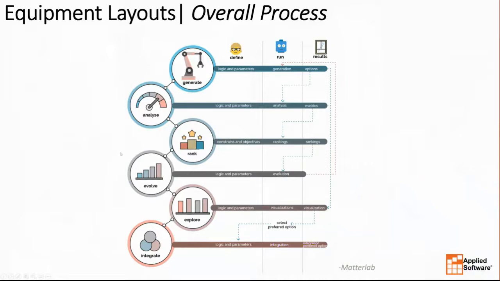So we saw that layout A for this equipment set was a little bit better. It met more of the criteria that we're trying to achieve. It had more processing capacity, and it took up less square footage. So that's good. So it continues to evolve, and we continue to look at this. And ultimately, we're able to then explore this and then select an option and integrate it into the Revit project.